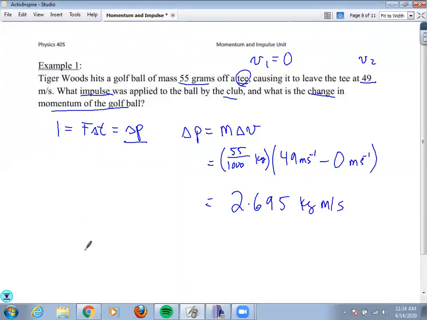So the change in momentum of the golf ball, delta P, to 2 sig figs, would be positive 2.7 kilogram meters per second.